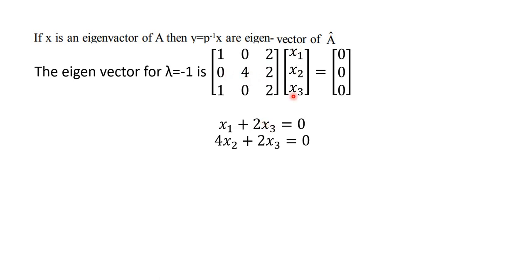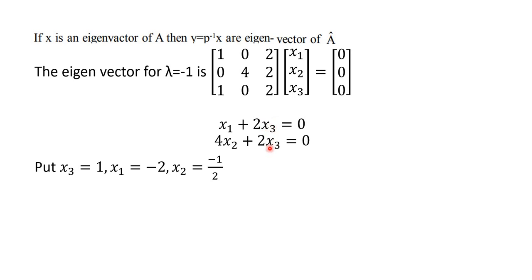We have the equations. First equation is 1 into x1, that is x1, plus 0 x2 plus 2 x3 is equal to 0. Second equation: 0 x1 plus 4 x2 plus 2 x3 is equal to 0. Third equation is also the same as x1 plus 2 x3 is equal to 0. So we have only two equations and both have x3.